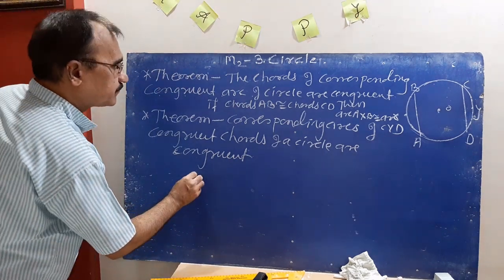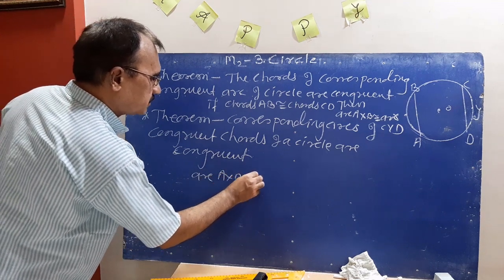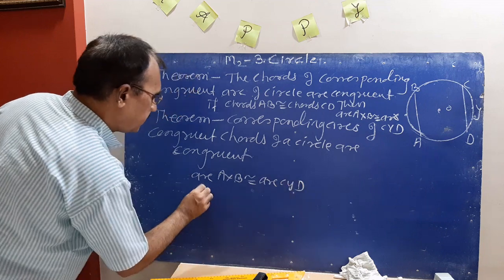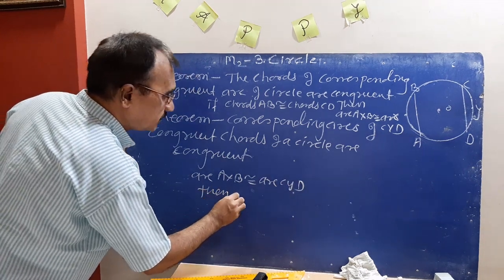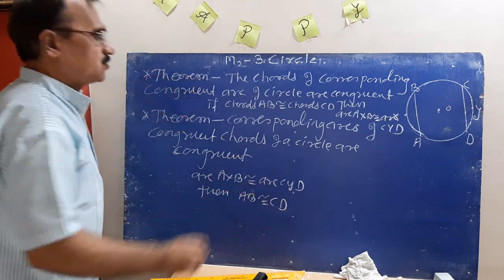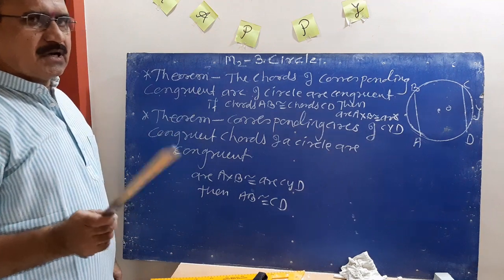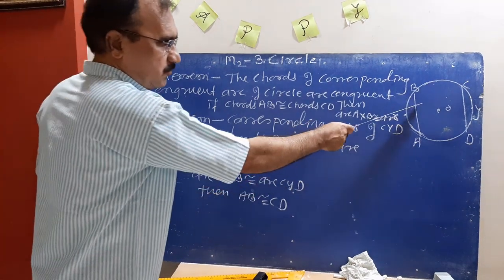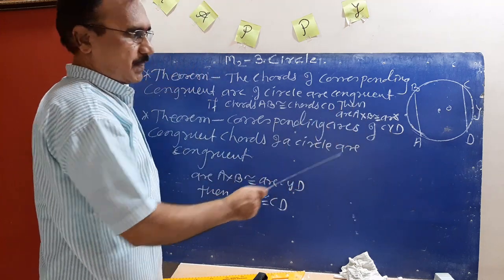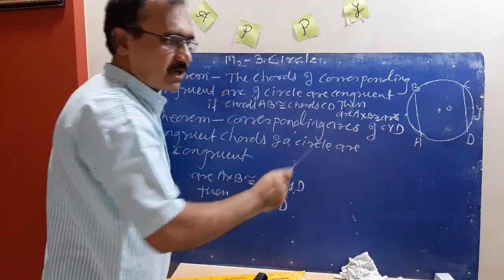Here, if arc AXB is congruent to arc CYD, then chord AB is congruent to chord CD. These are the theorems. Simple thing, remember this: if chords are congruent, corresponding arcs are congruent. If corresponding arcs are congruent, then corresponding chords are also congruent.